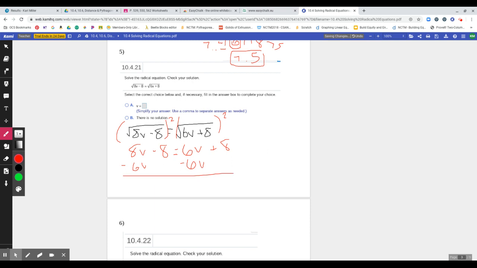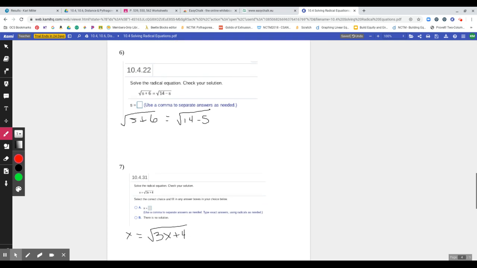So I always move the smallest v term. So we get 2v minus 8 equals 8, because that's 0. Add 8 to both sides. And we get 2v equals 16. Divide by 2. So v equals 8. So this answer is 8.